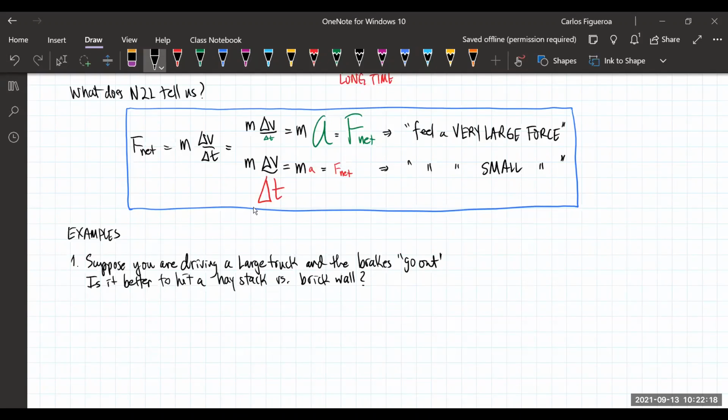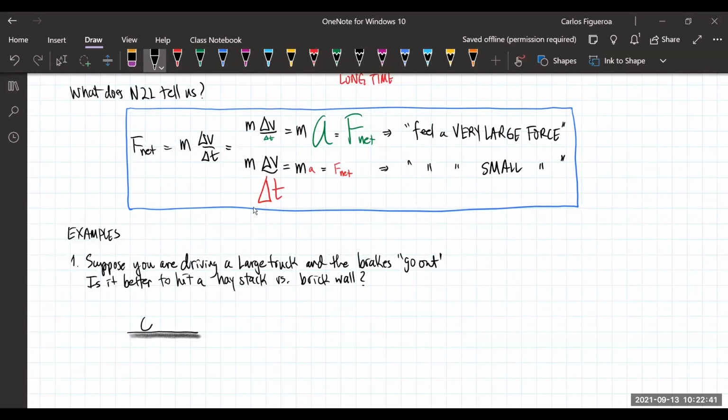So let's draw this out. Let's see what we mean by this. So let's draw two trucks. So I have a truck here. And what I'm going to do here is copy this truck twice.